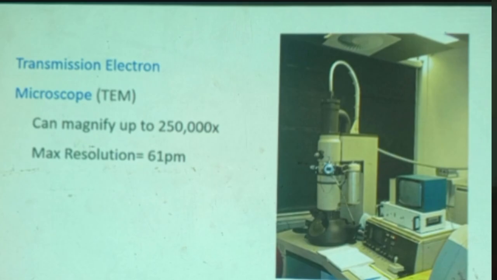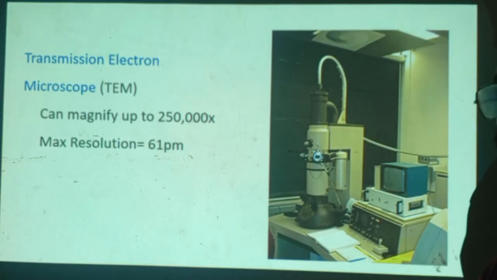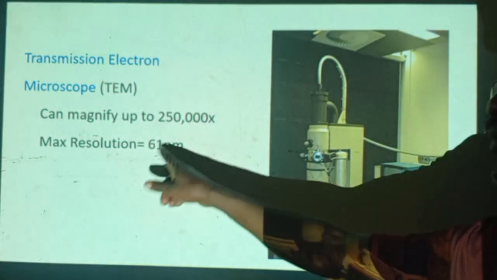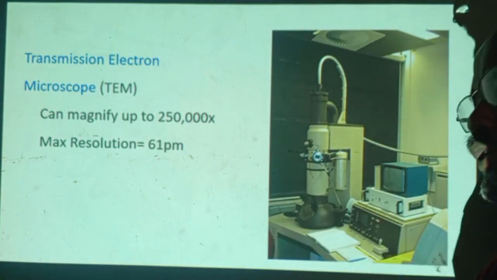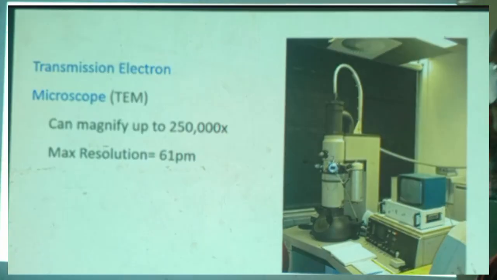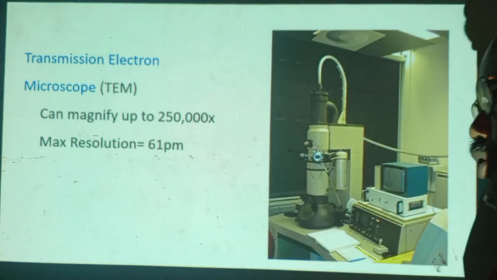It merges them. So what do you call this? This is the minimum distance by which two objects or two specimens are separated, so that your microscope can show these two things as two separate things. This is the minimum. Therefore, below this, you will not observe the two things as two separate things. You see rather one merging over the other.